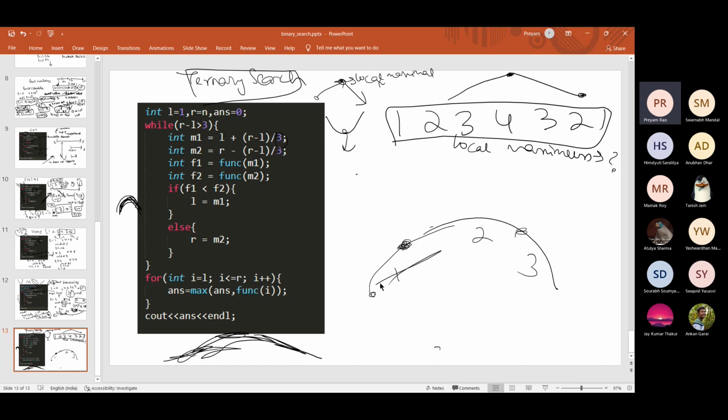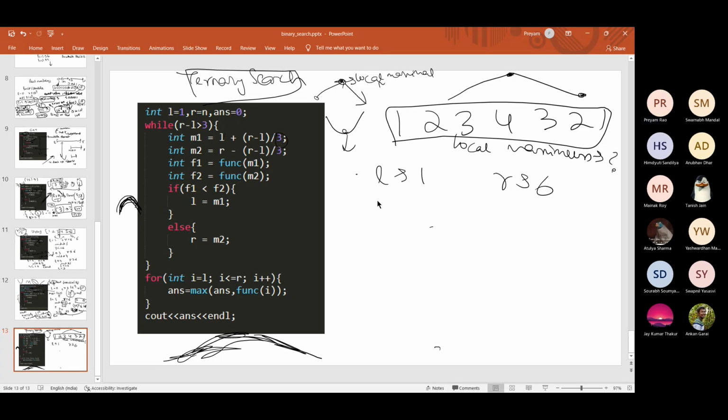If we do a dry run, then L would be equal to 1, R would be equal to 6. So M1 would be L plus (R minus L) by 3, which is 5 by 3, which is 1. So L plus 1 would be 2. M2 would be 6 minus 1, which would be 5.